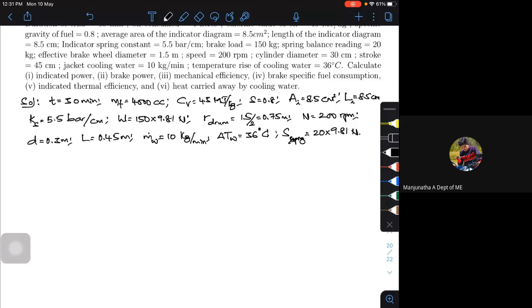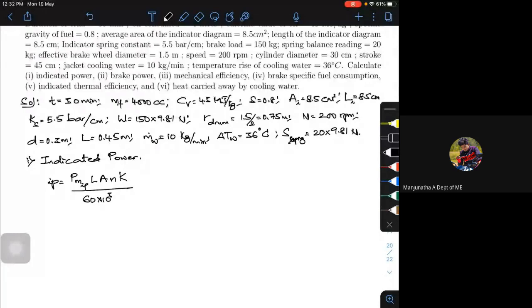We need to find indicated power, brake power, all those things one by one. The first one, indicated power. The indicated power IP is equal to indicated mean effective pressure into L into A into n, multiplied by number of cylinders, divided by 60. If you want it in watts, divide by 60; for kilowatts, 60 into 10 to the power of 3. Now I don't know the value of indicated mean effective pressure.